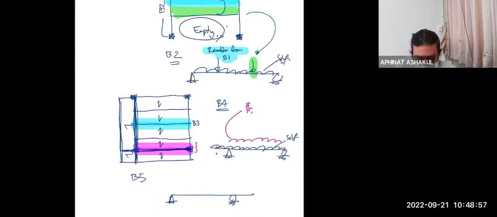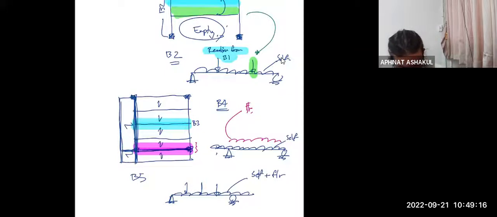So B5, you're gonna have 3 point loads coming in from B3, a little bit tough, and then 1 uniform load. The cell plus the floor. Okay, and the floor in this case is now going to be just half of this. Okay, it's pretty simple, really.